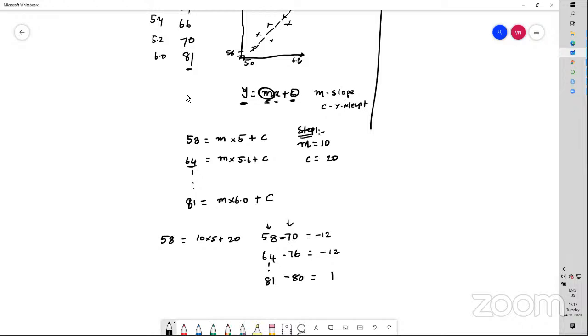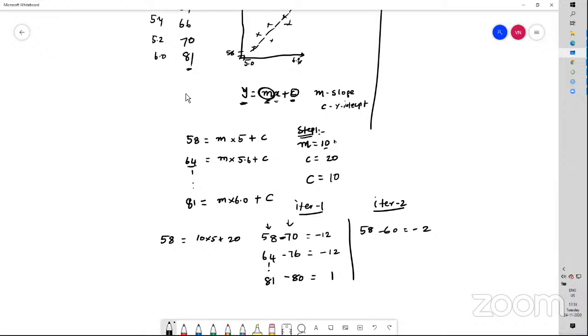Now, in the next iteration, let's say we keep m as it is. We will learn how to decrease or increase in a while. But just for the sake of it, let's say we decrease c to 10. Now, when we decrease c to 10, what happens? Because we did not change the m value, 50 plus 10, so it becomes 60. So 58 minus 60, which is minus 2. So this is iteration number 1, and this is iteration number 2.